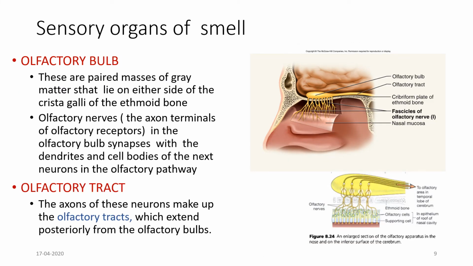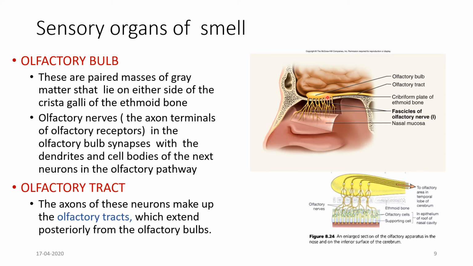Now let us see the further course of the olfactory nerves that have pierced the foramina in the cribriform plate of ethmoid bone. After piercing the foramina in the cribriform plate of ethmoid, they will be reaching a mass of grey matter, one each lying on either side of the crista galli of the ethmoid bone.